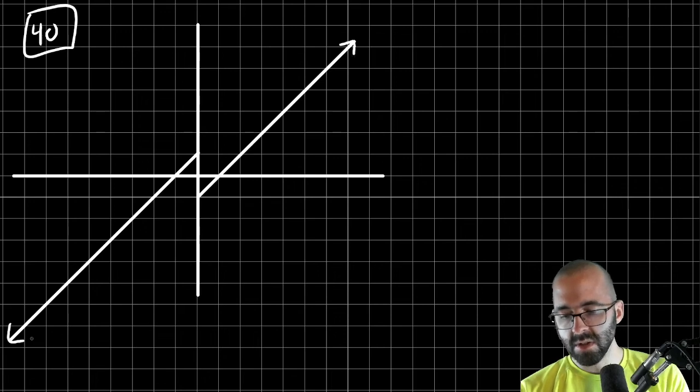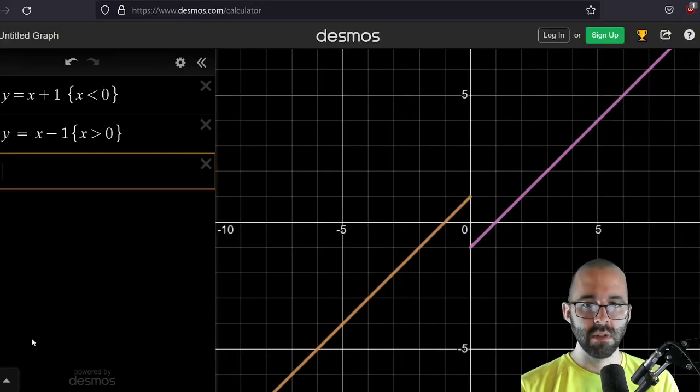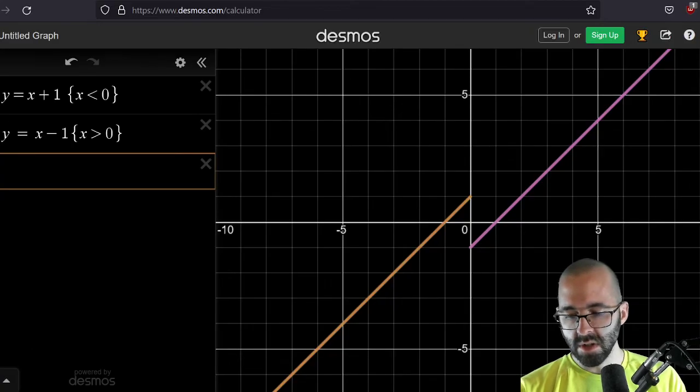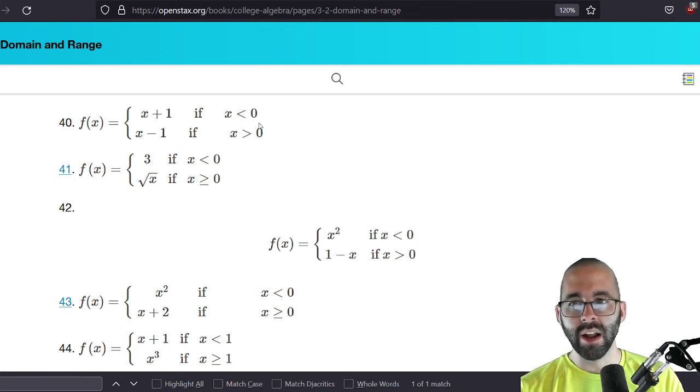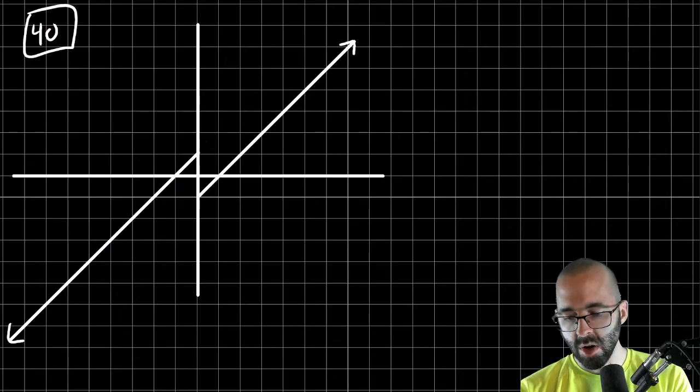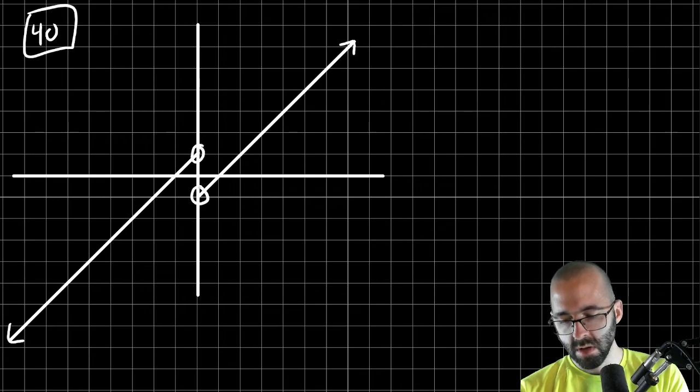What about open circles or closed circles? Well, x is not included. x equals 0 is not included on either of these. Neither piece has an equal sign, so it's actually going to be an open circle on both.